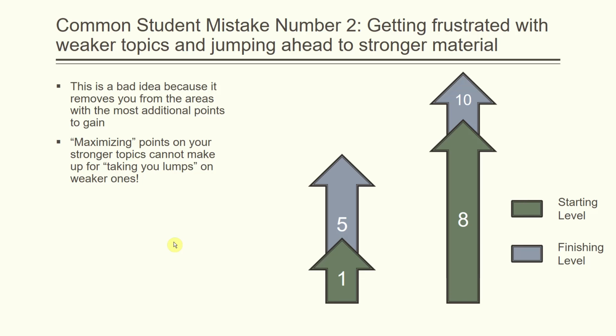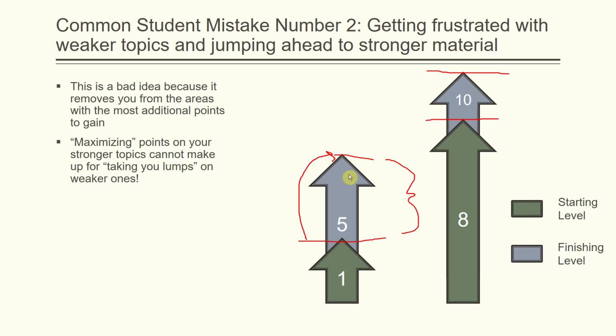The problem is, if this is a topic that you've already been an 8 at, maybe in a couple of weeks you can elevate yourself to a 10, but that's not a lot of gain in the number of points that you can get. Whereas with a 1, if you can just bump a 1 up to a 5, all of a sudden you're really helping your score out, because these areas that were weaker are having much more substantial jumps than the areas that are stronger.